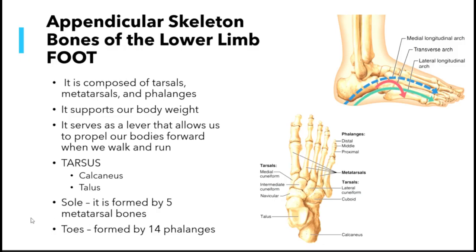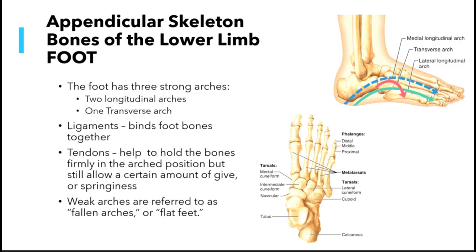Like the fingers of the hand, each toe has 3 phalanges except the great toe. This is the great toe: 1, 2 only. But for the rest, 1, 2, 3. The foot has 3 strong arches, 2 longitudinal arches and 1 transverse arch.